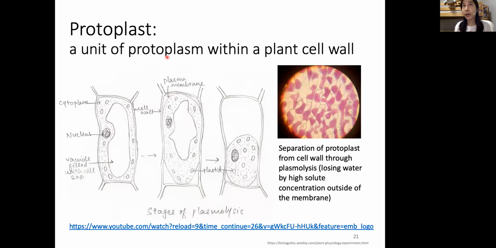We can separate the protoplast by adding salt or sucrose for the plants, so the plant cells will lose water. The protoplast will shrink, and then you can see the separation of protoplast from the cell wall. Like in this microscope, these are the cell wall, and the purple substance in the middle is protoplast that's separating from the cell wall.